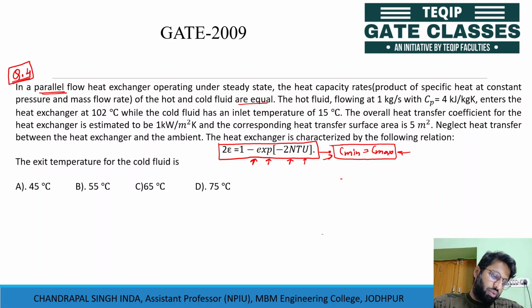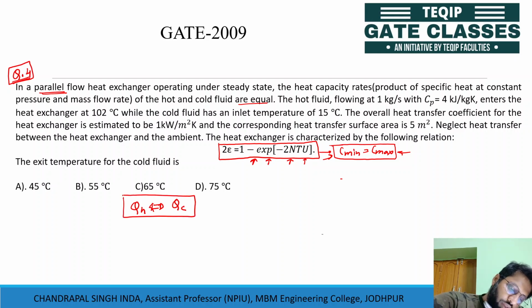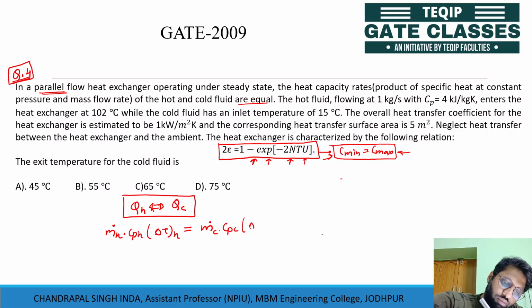The exit temperature of the cold fluid can be obtained by applying the first law of thermodynamics, which says that heat loss by the hot fluid is equal to heat gain by the cold fluid. Heat loss by the hot fluid is the mass flow rate of the hot fluid multiplied by its specific heat and delta T of the hot fluid, equal to the mass flow rate of the cold fluid multiplied by its specific heat and delta T of the cold fluid.